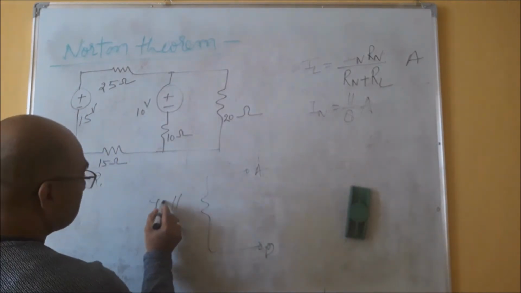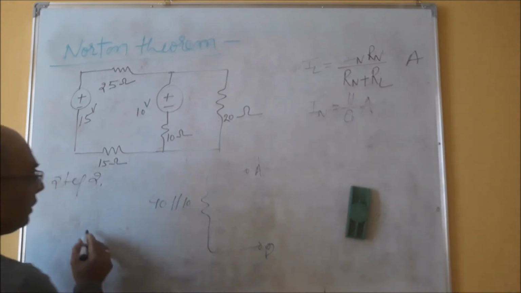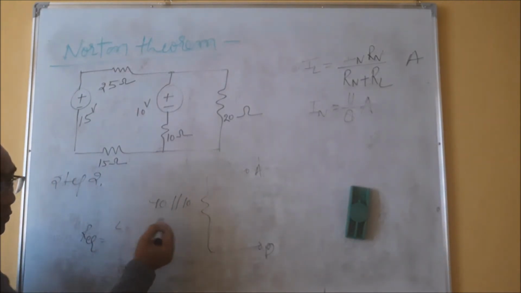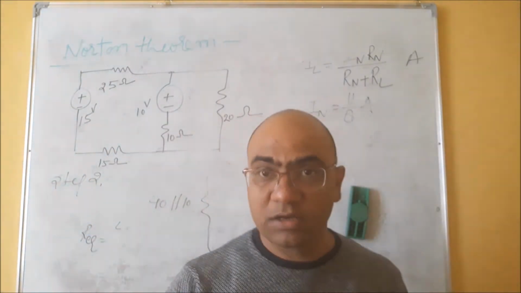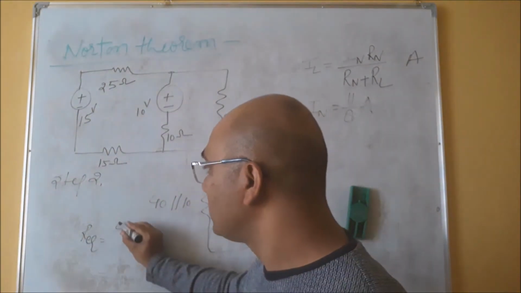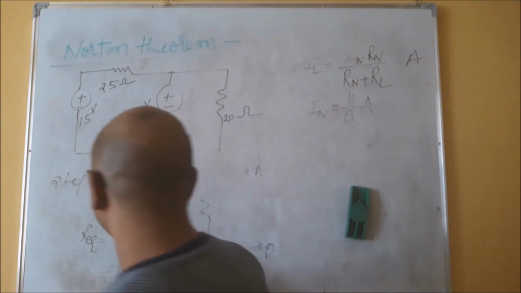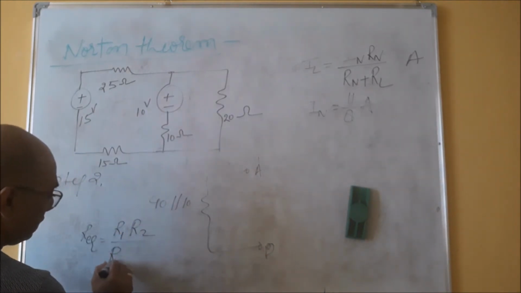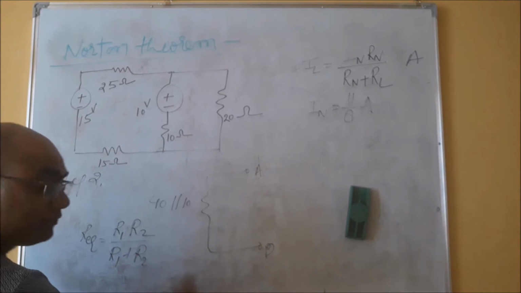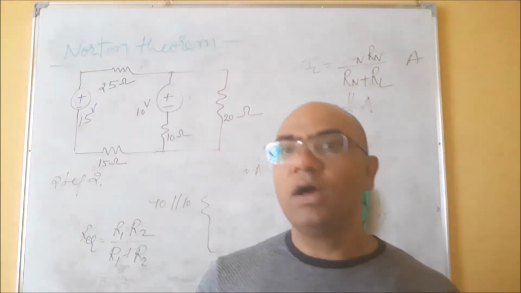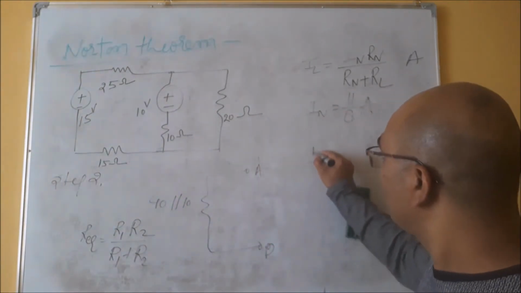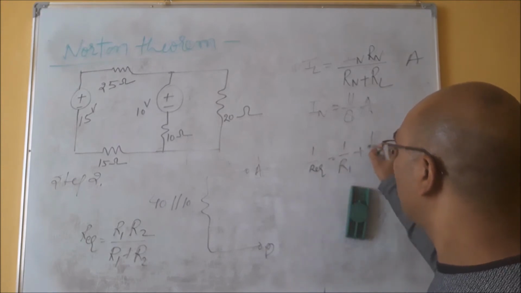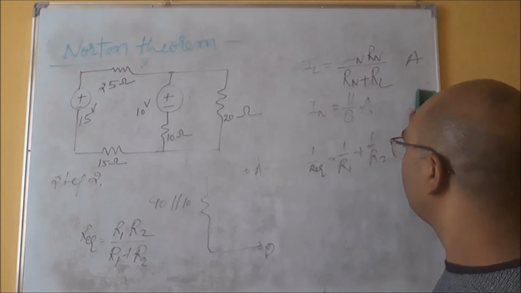So 40 is in parallel with 10, and if you know the formula of equivalent, this is for two resistances which are in parallel, the formula is R1 R2 upon R1 plus R2. This is not a new formula. If you derive it from this, 1 upon R equivalent is 1 upon R1 plus 1 upon R2. Solve this.